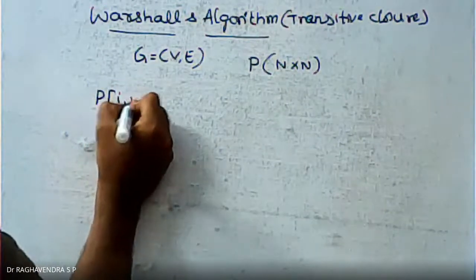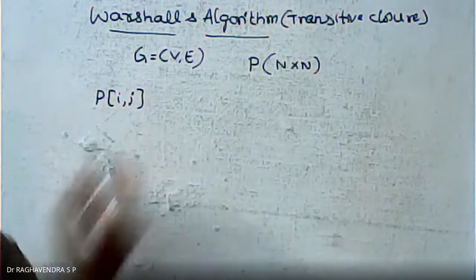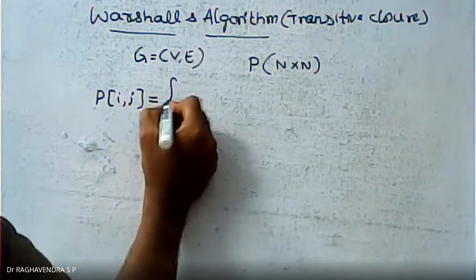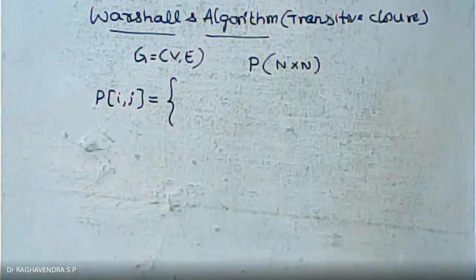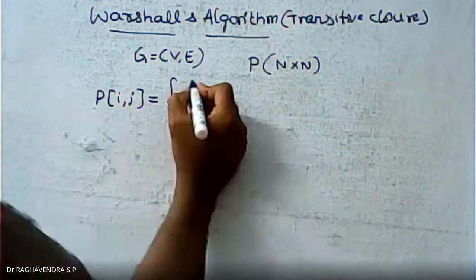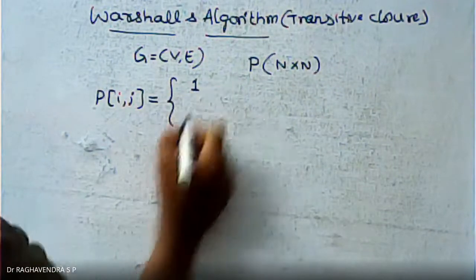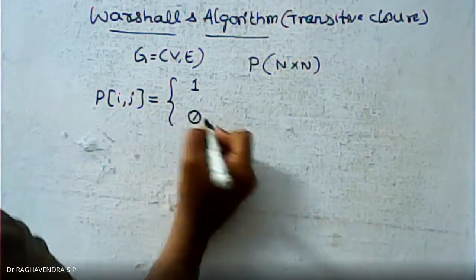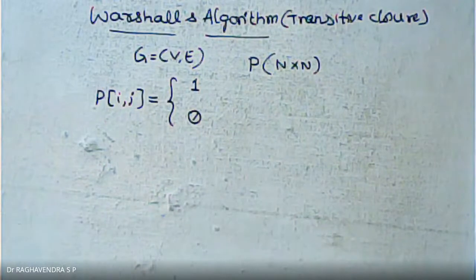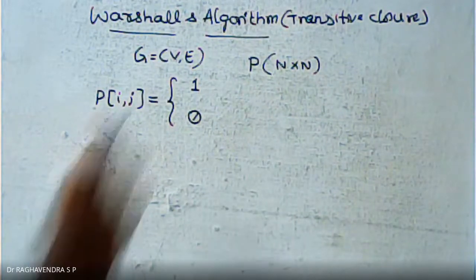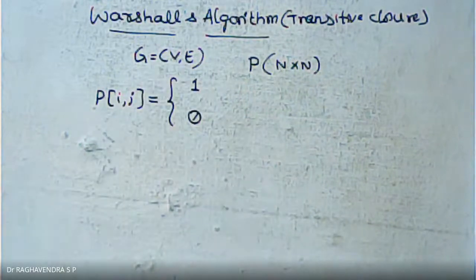P of I comma J is equal to, there are only two values here. One is 1 and another one is 0. Only two possible values. When does it become 1? When there is a path between the vertices. Yes, very good.